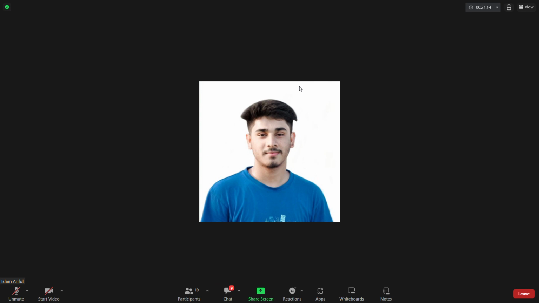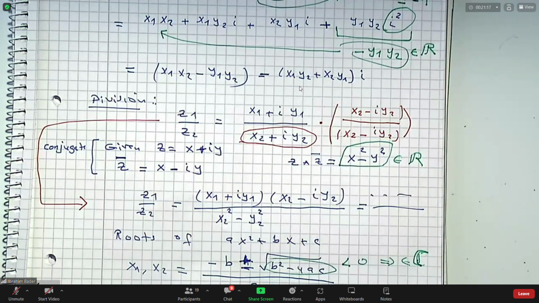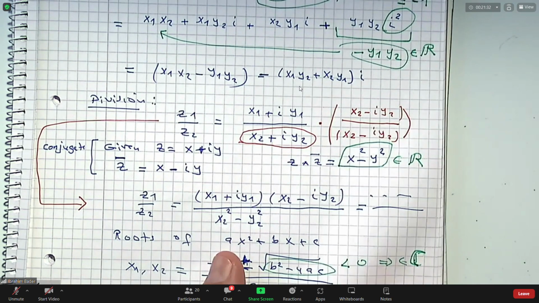So it was about roots and powers of complex numbers. For this worksheet, you just go to the worksheet. It's straightforward. All these operations are straightforward.